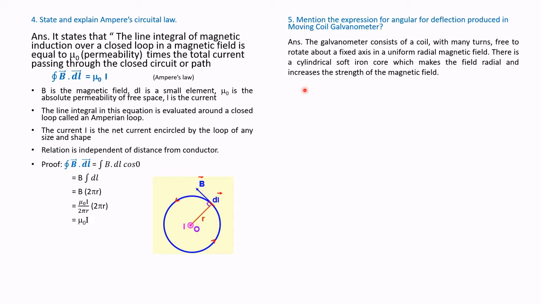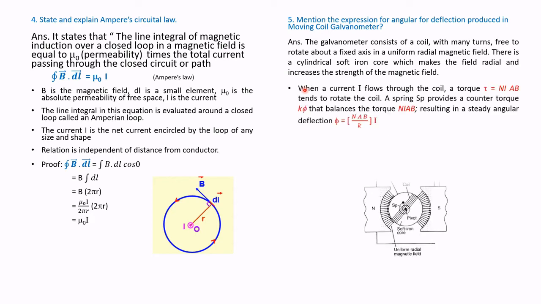There is a cylindrical soft iron core which makes the field radial and increases the strength of the magnetic field. When a current I flows through the coil, a torque tau equals NIAB tends to rotate the coil, where tau is the torque, N is the number of turns, I is the current, A is the cross-sectional area, and B is the magnetic field.